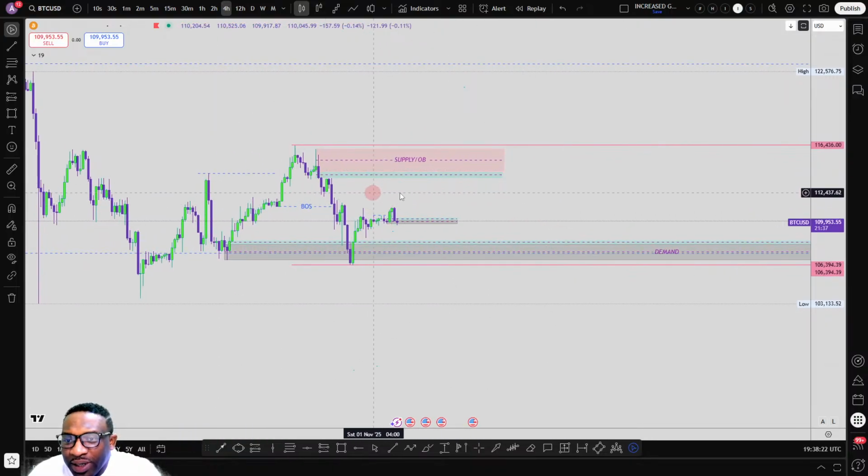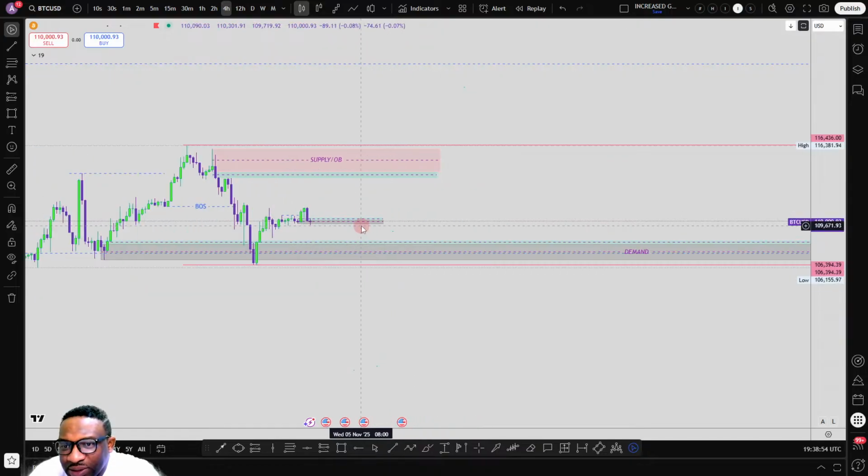Yeah, so currently we have this zone here. So once we get into this zone, we could possibly push up to this high. As I said, we've had a tap of the low of the range, and we've been given a bullish engulfing candle, and currently we had another bullish engulfing candle that has cleared all this data on the left hand side to it.